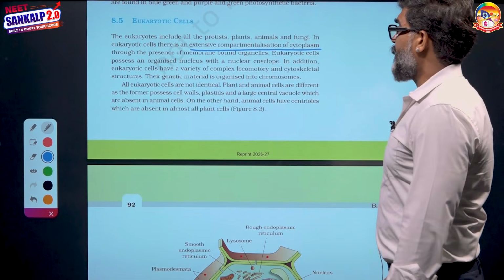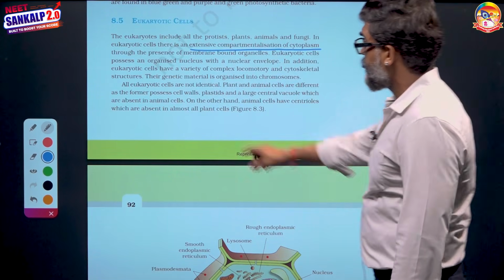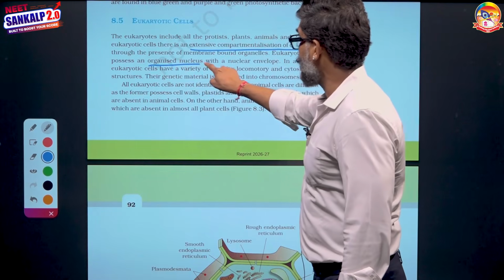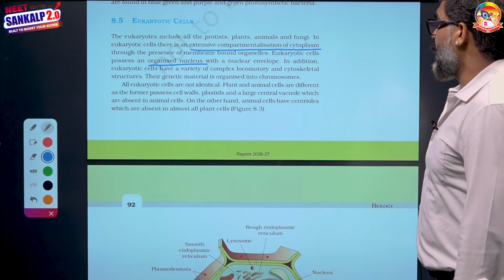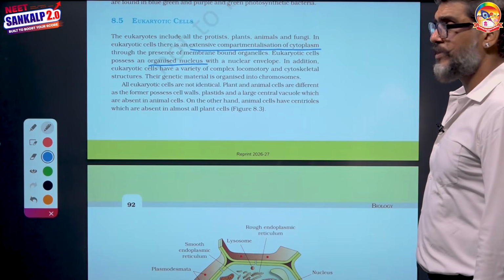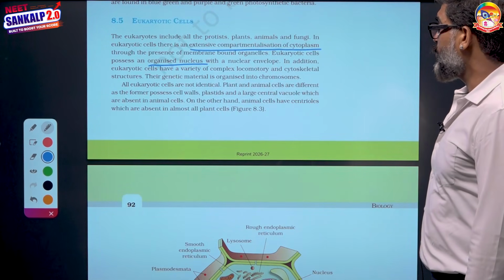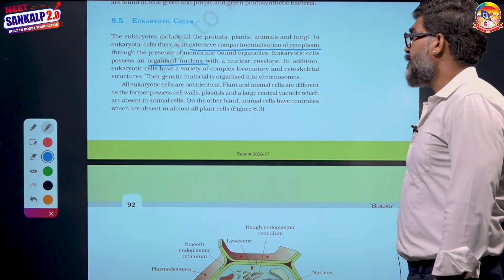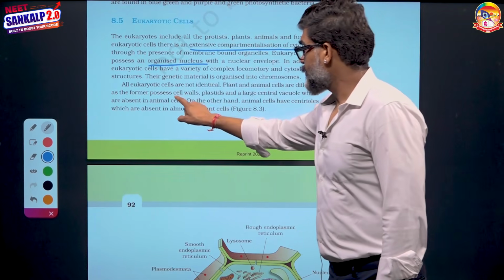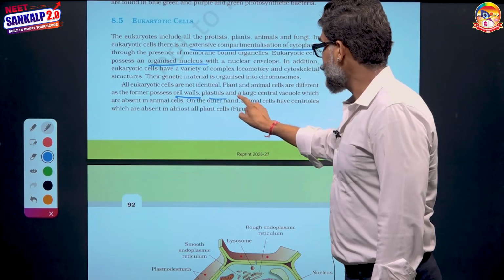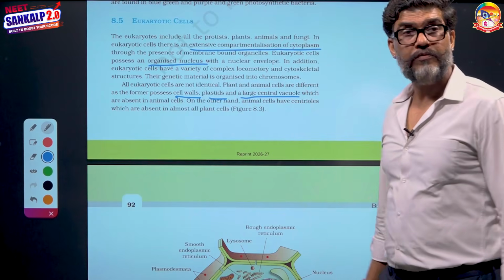Eukaryotic cells have a well organized nucleus because it remains covered with the nuclear membrane. In addition, eukaryotic cells have a variety of complex locomotory and cytoskeleton structures. All eukaryotic cells are not identical. Plant and animal cells are different, as plant cells have a cell wall, plastids and a large central vacuole.